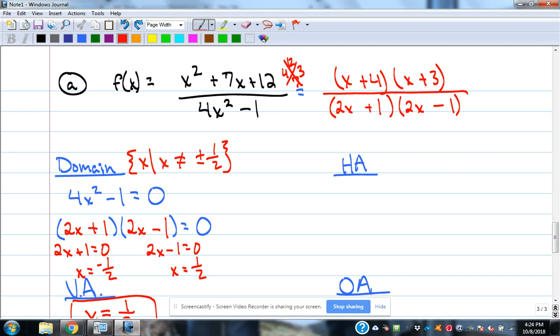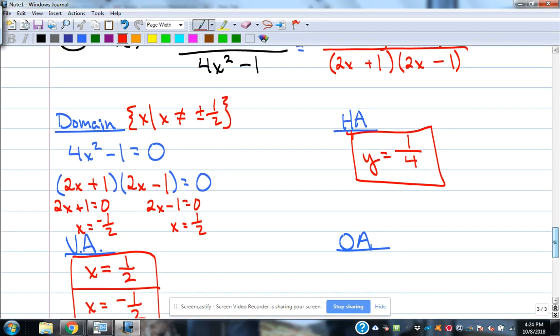The coefficient. So the leading coefficient of the numerator is 1. Leading coefficient of the denominator is 4. So we have a horizontal asymptote at y equals 1/4. Because we have a horizontal asymptote, we have no oblique asymptotes. Remember, they will never occur together.